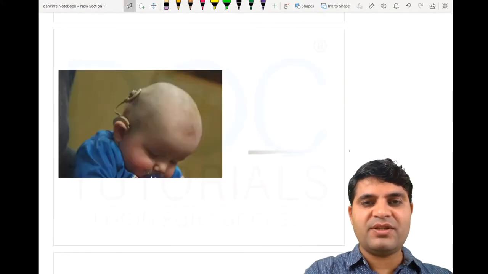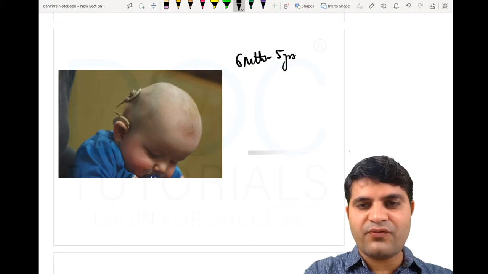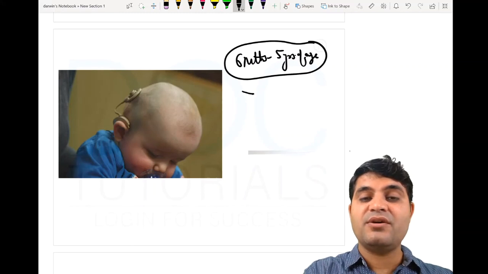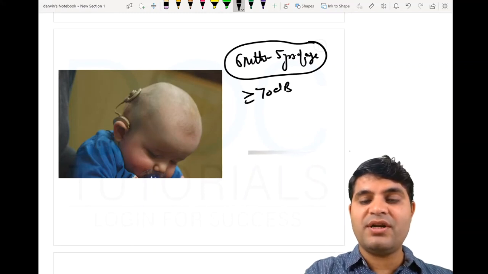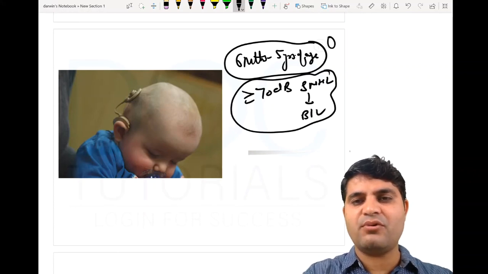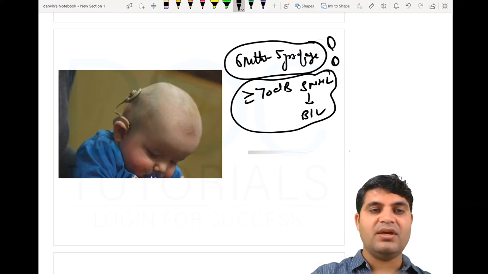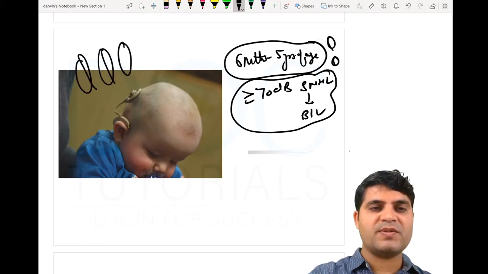How I would modify it: 6 months to 5 years of age, this is one. And second is more than or equal to 70 decibel bilateral sensorineural hearing loss. Dear students, only 2 lines about this cochlear implant. So this is the criteria. I expect this question in your exams.